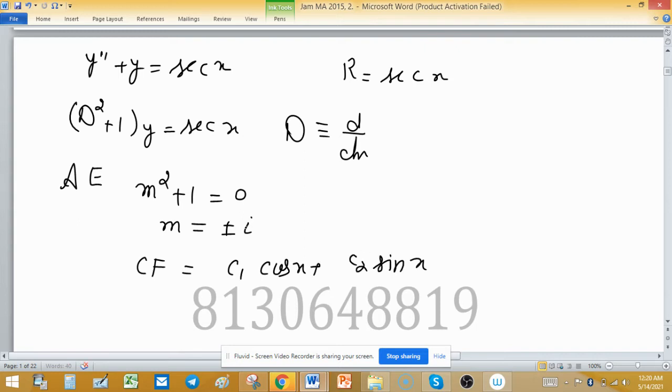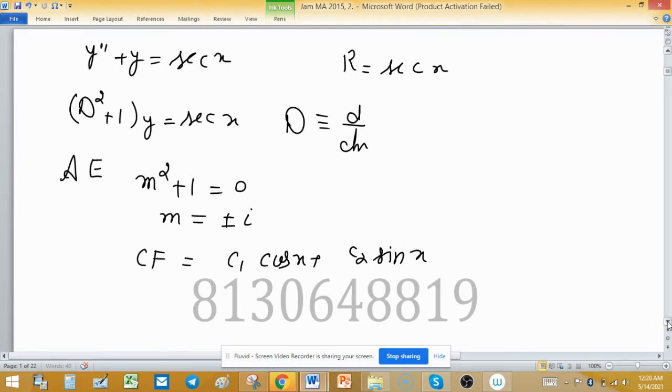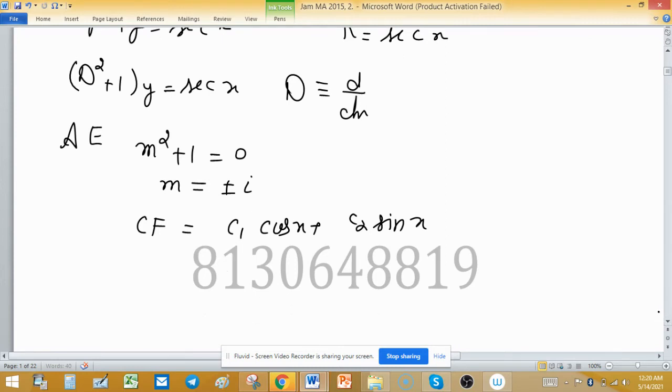The coefficient of iota is 1, so the complementary function is c1 cos x plus c2 sin x. This is very common; each student who studies differential equations knows how to write the complementary function.